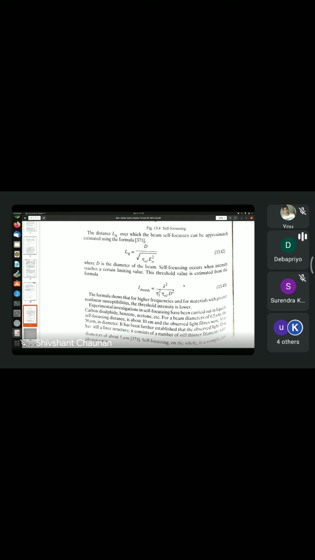So the smaller lambda is and the larger the diameter of the beam is, the self-focusing phenomenon would be easier to observe. Okay. Once again, 13.43 misses certain numerical factors, which is not important from a physical understanding of the thing, but of course for comparison with experimental data you will also need these numerical factors.